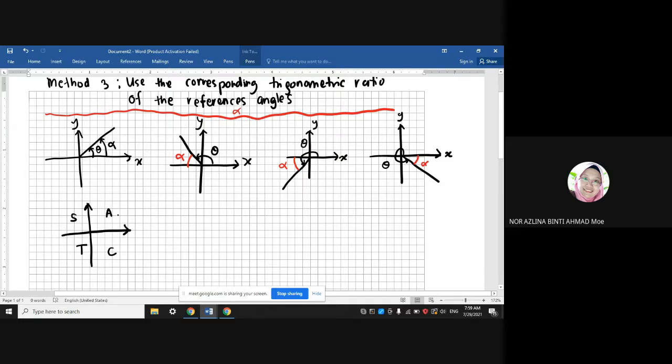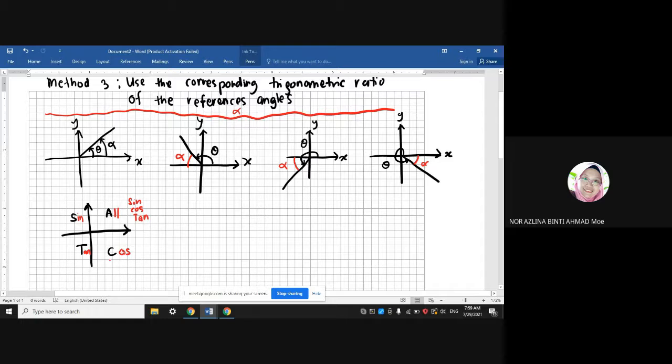Okay, apa maksud dia ASTC? Ini maknanya all positive, sine positive, tangent positive, cos positive. So all ni maknanya apa? Sin, cos, tangent, semuanya positif pada kuadran 1. Yang ini hanya sin positif pada kuadran 2. Di sini hanya tangent positif pada kuadran 3.